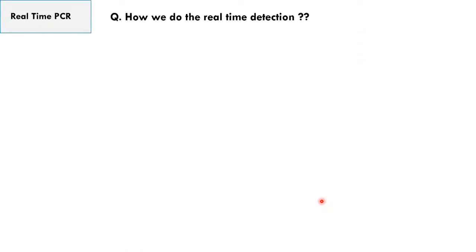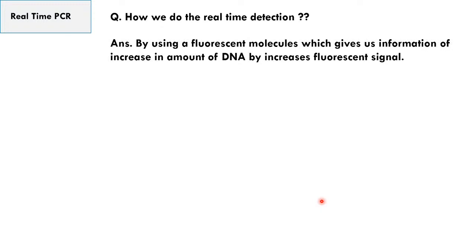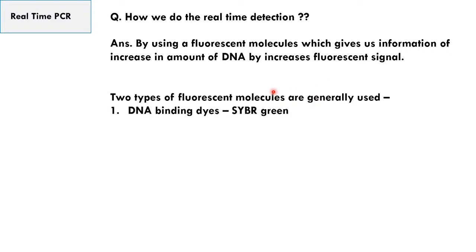Again, very simple. First question is, how do we do the real-time detection? Very simple. We can use a fluorescent molecule which gives us information of increasing amount of DNA by increasing fluorescent signal. How? We can use two types of fluorescent molecules.